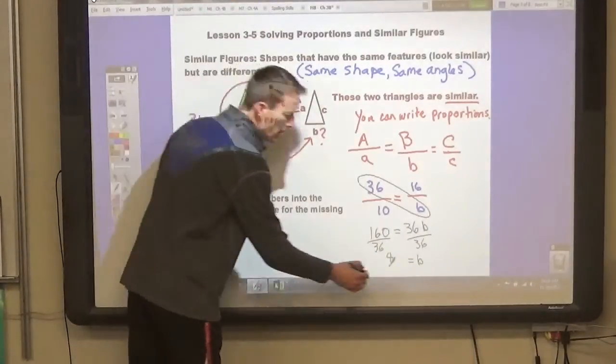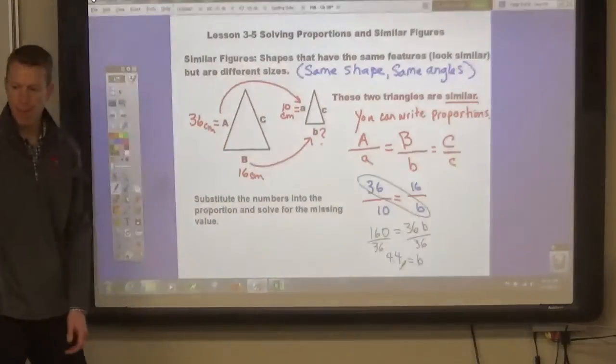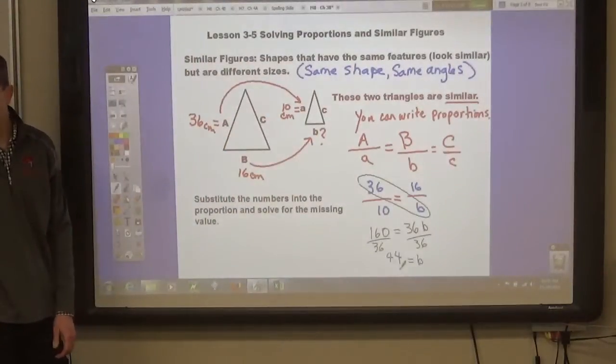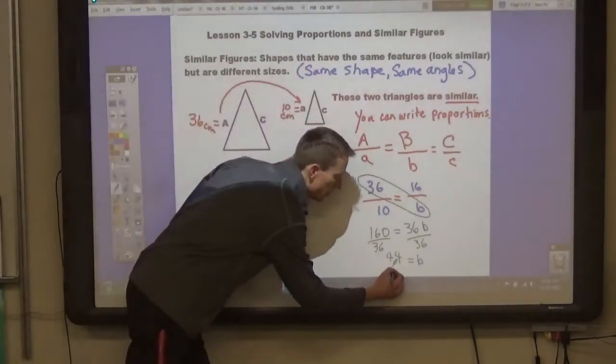So round it to 4.4. What's the label? Centimeters. Centimeters, yep.